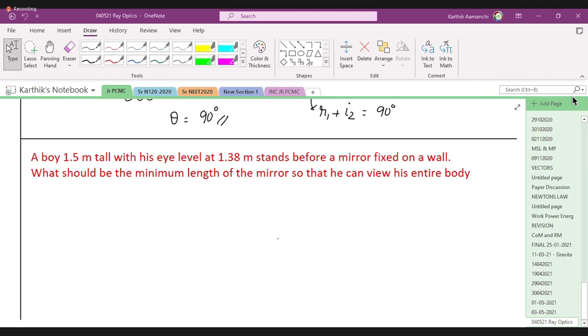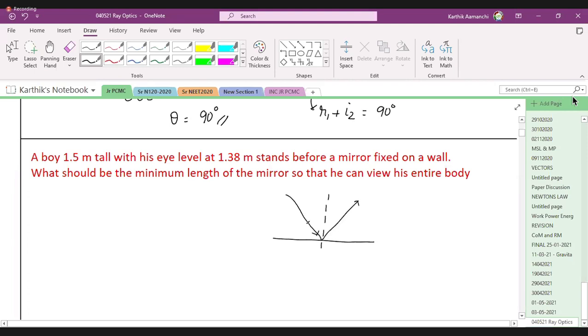Tell me this. We know i is equal to r, right? Yes, sir. If this distance is x, this distance is y.